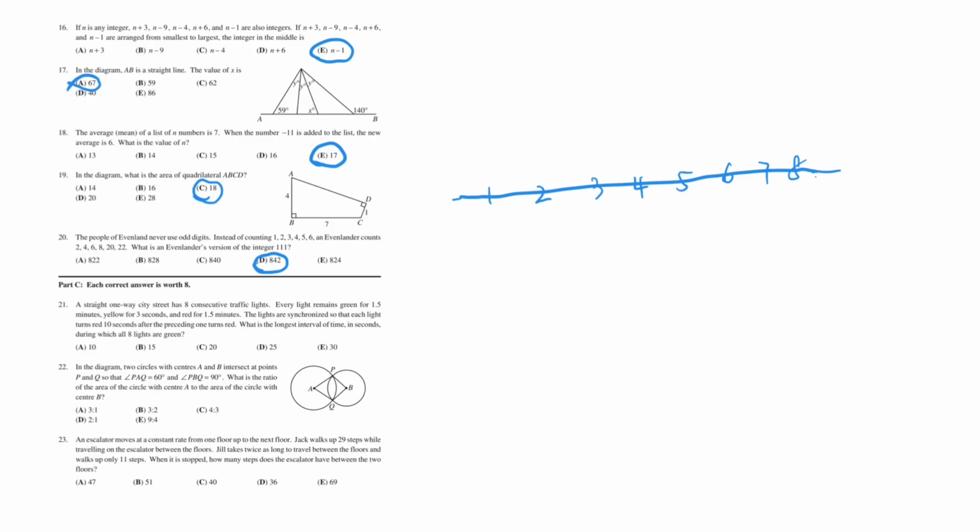Also, the green light remains 1.5 minutes. Rewrite 1.5 minutes as seconds, times 60, that's 90 seconds. That's the green light. The red light is the same thing, lasting 90 seconds. We don't care about the yellow light.